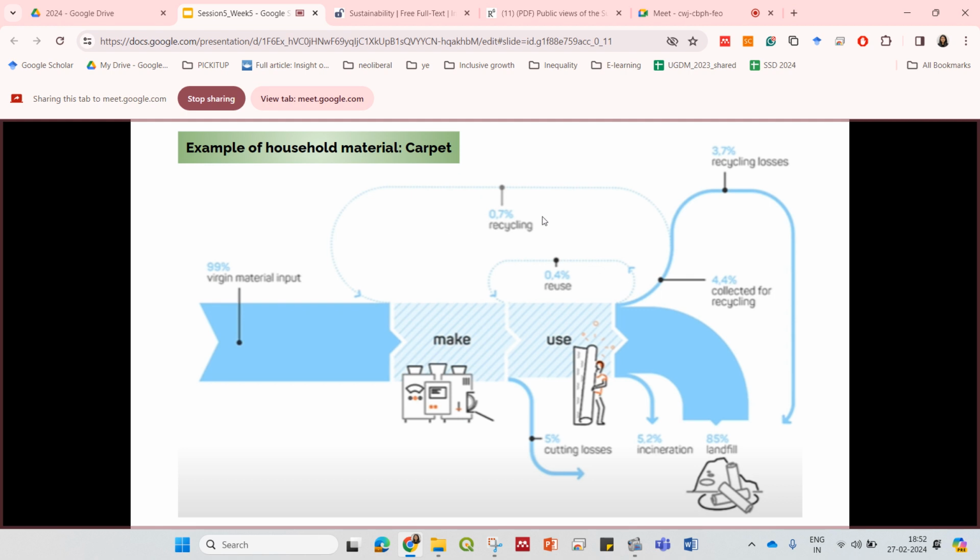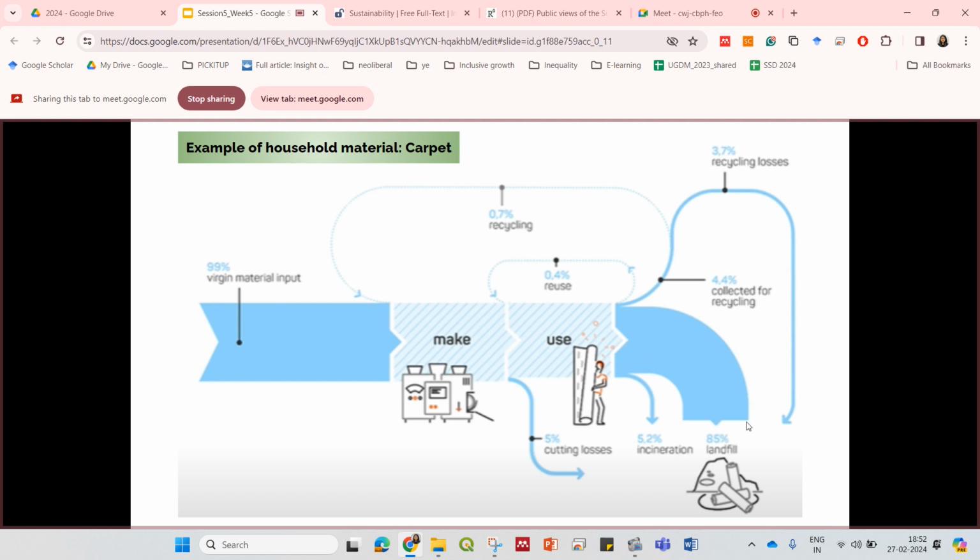That is about 0.7% of the total carpets that are manufactured. Some of it also goes into incineration, so it is incinerated to extract energy from it, which is then used for other manufacturing processes or sometimes for other things.